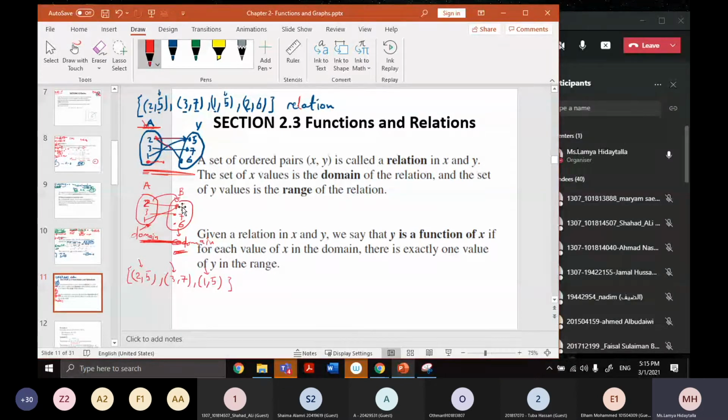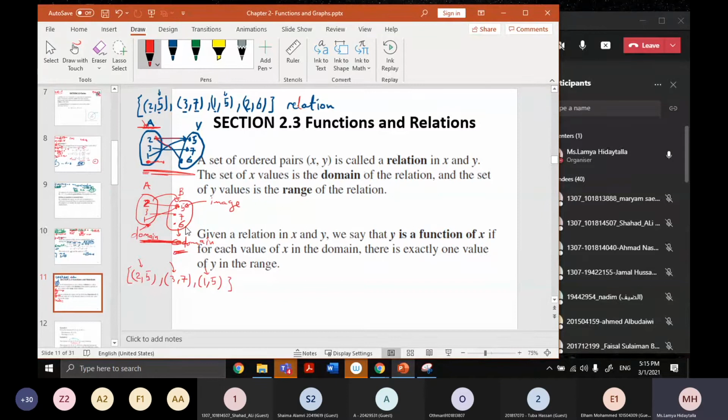Moreover, we call the number 5 the image of 2 and of 1. So the element that received a map, we call it an image. So 5 here is an image. Image for what?